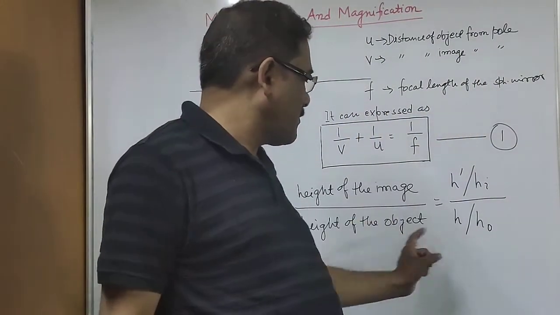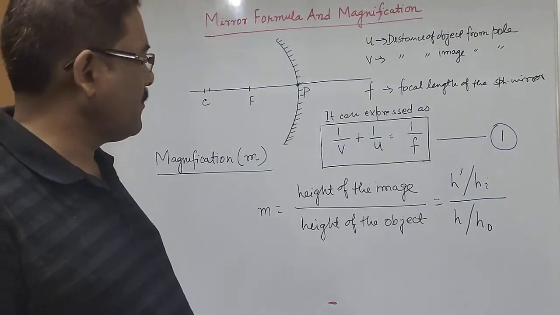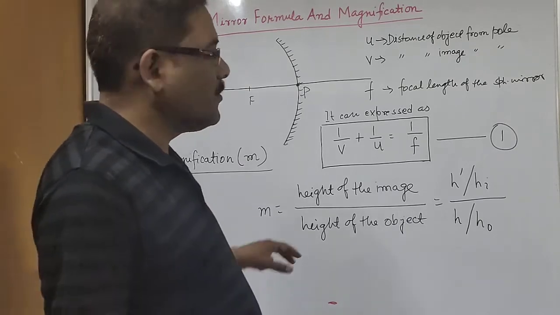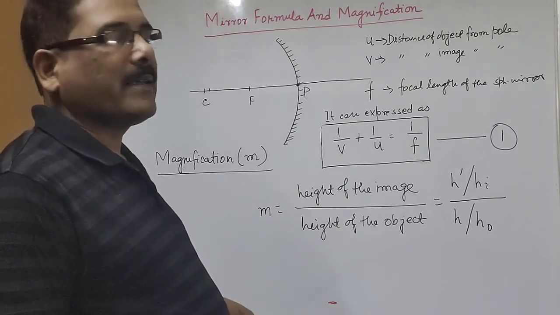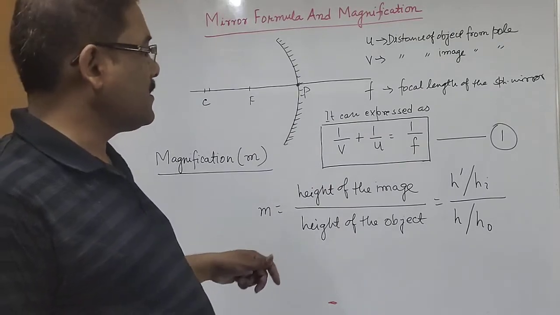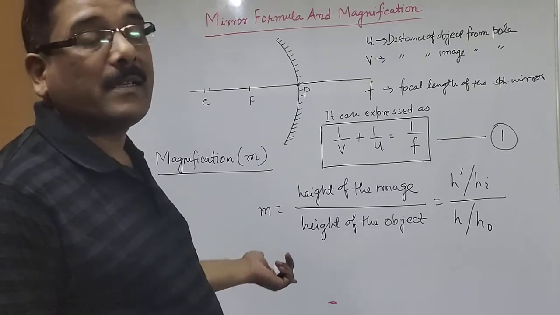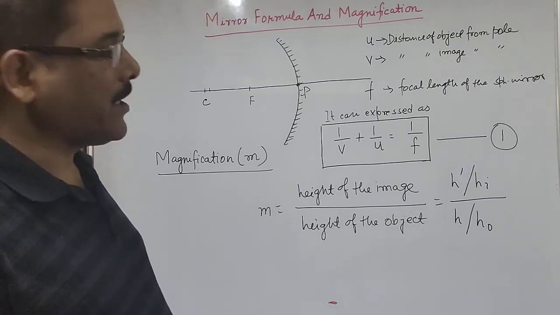This o stands for object and i stands for image. So this is the formula for magnification. We are comparing the size of the image with respect to the object. How large an image is with respect to the object, that is magnification.